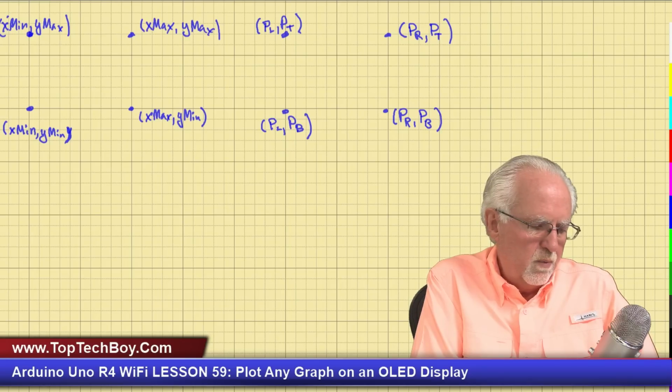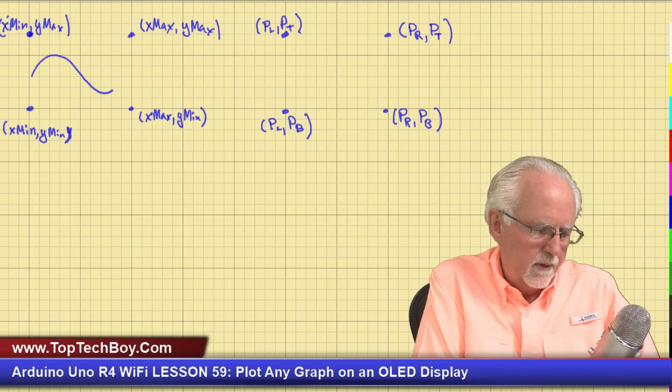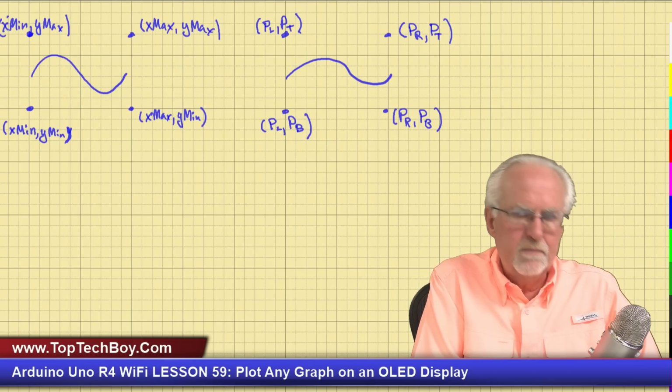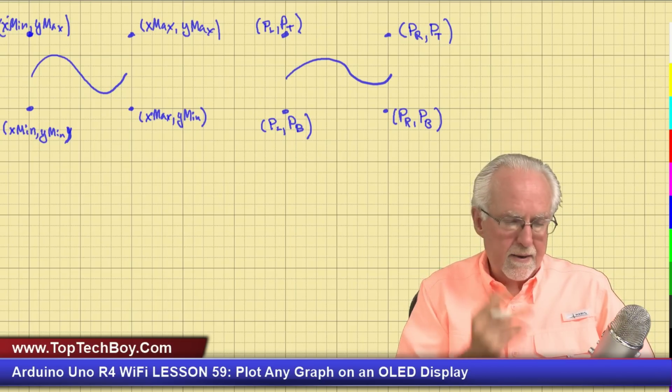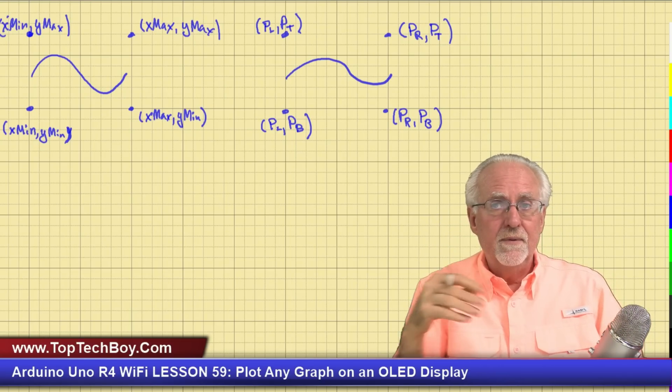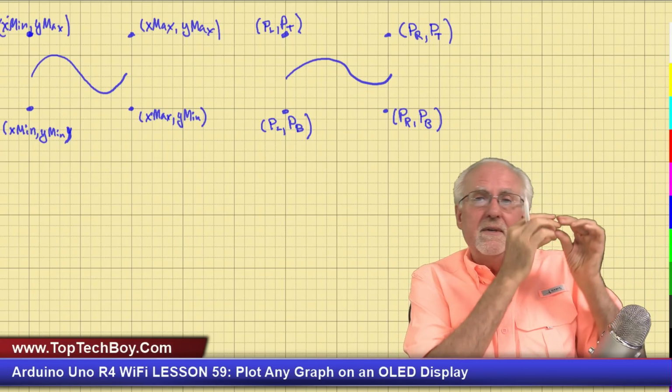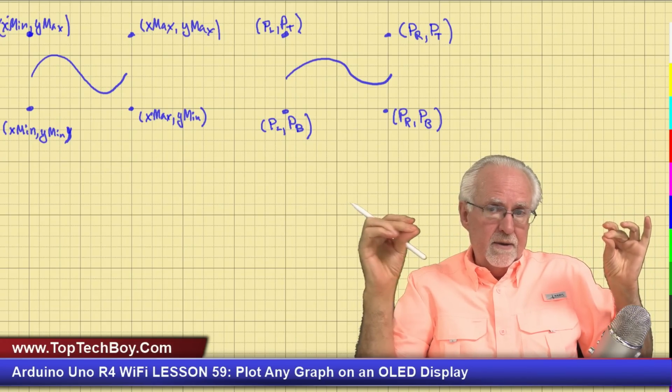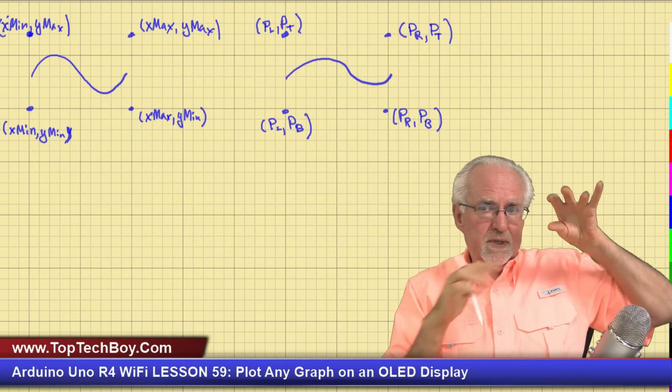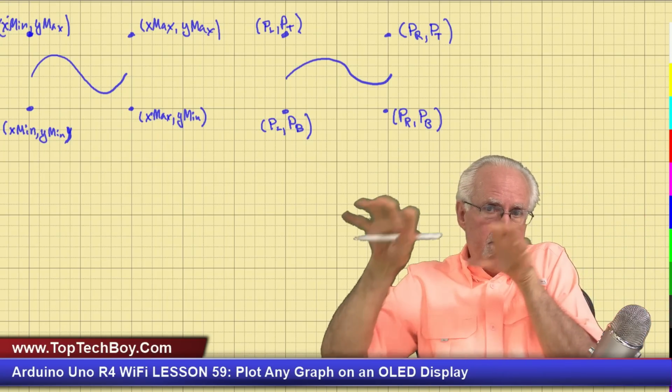So what we want to do is take the data that we have, and then map it onto the display that we have. All right, so what do we have to do? The data set that we have is going to be a set of x values and a set of y values. So it's x, y coordinates for all of your points.